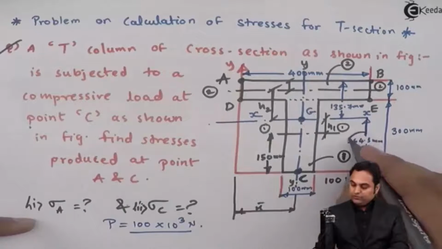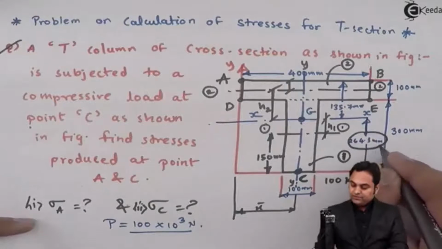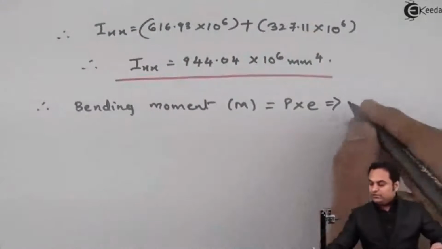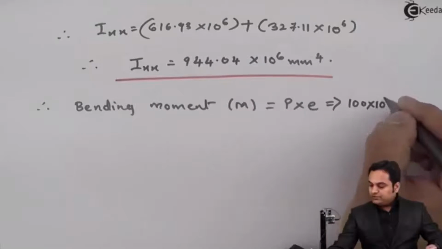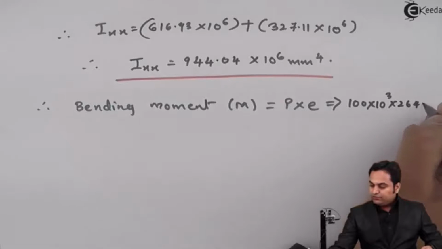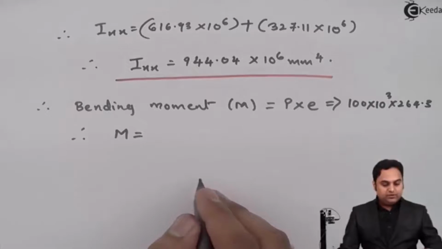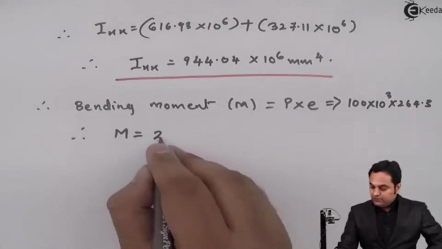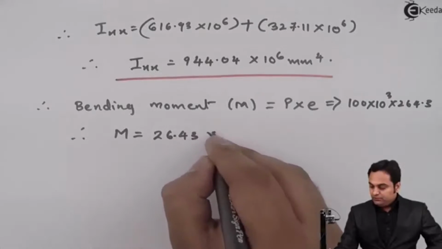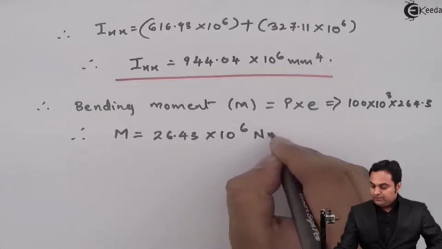So 264.3 becomes the eccentricity, and the load is 100. So I'll write down 100 into 10 raised to 3 into 264.3. The bending moment comes out to be 26.43 into 10 raised to 6 Newton mm.